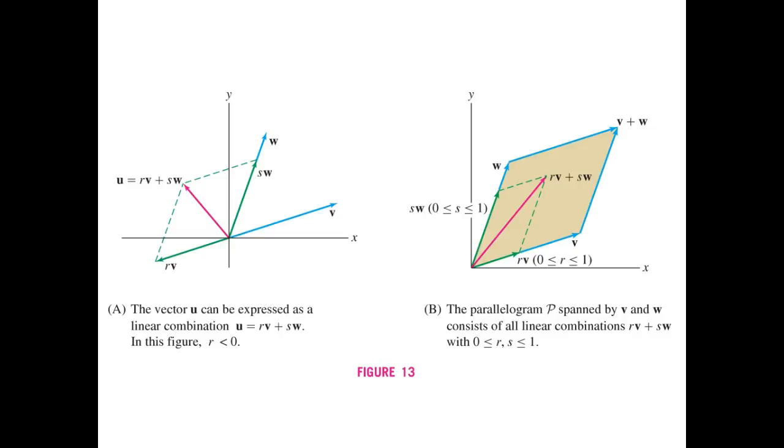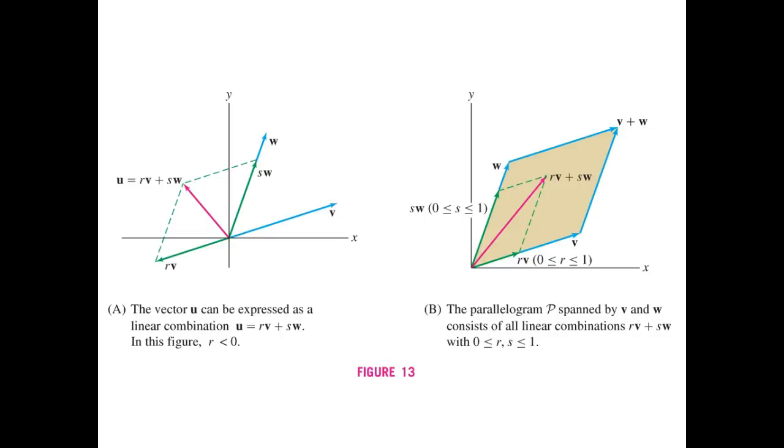This illustration is showing that r happens to be a negative number, greater than negative 1. In other words, the absolute value of it is less than 1. So, between -1 and 0? Yeah, between -1 and 0.